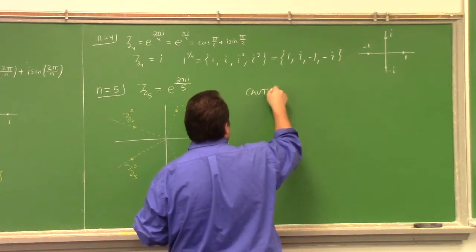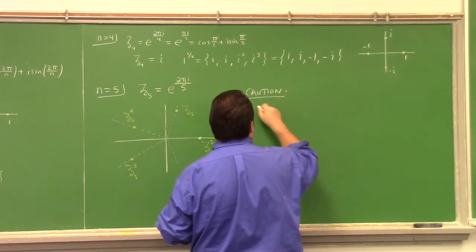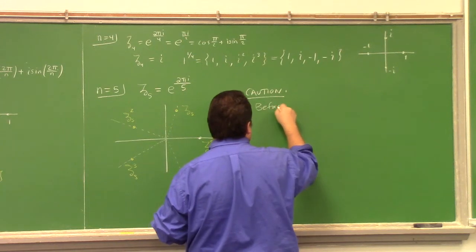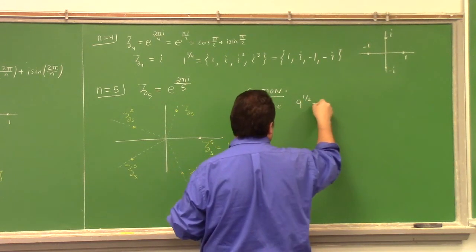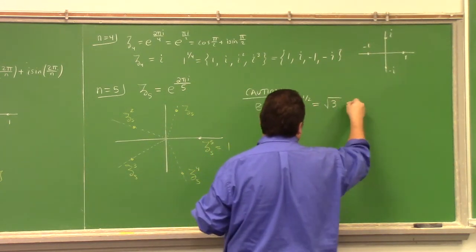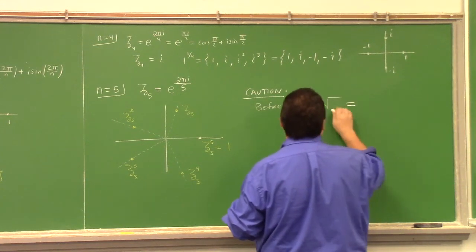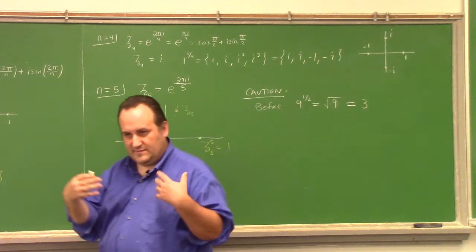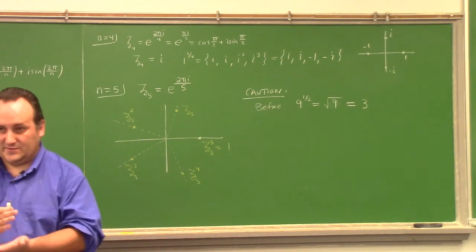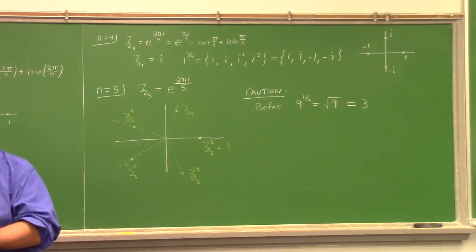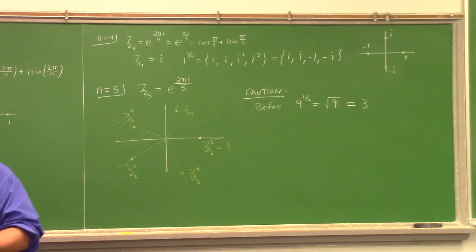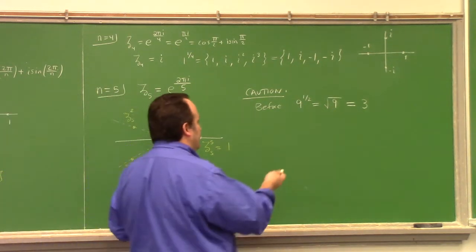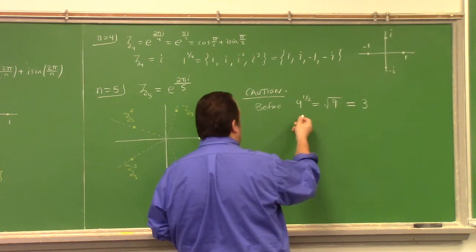It's 3, right? 9 to the 1/2 power is equal to the square root of 9, which was 3. But in this new story I'm telling, I'm hijacking the notation, the 1/2 power, and giving it a different meaning than the square root. And this is common in complex variables.